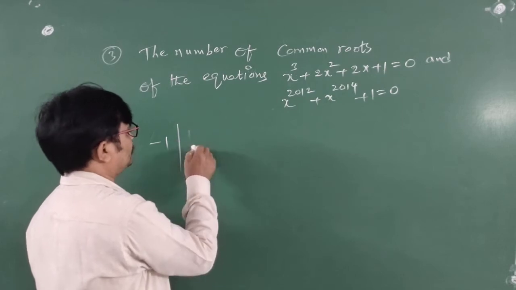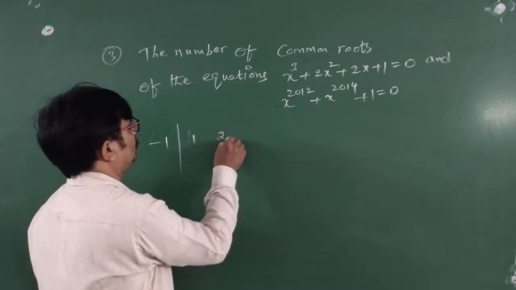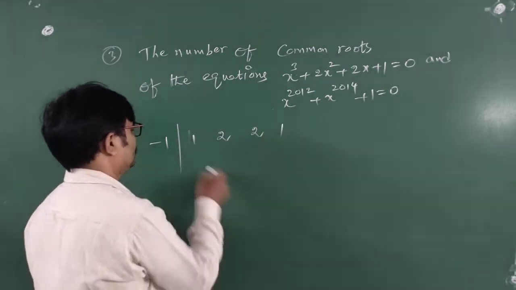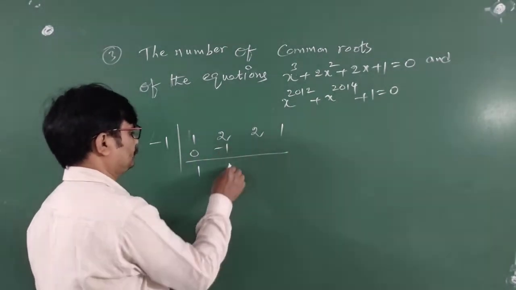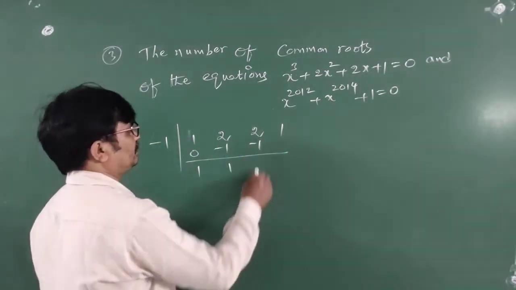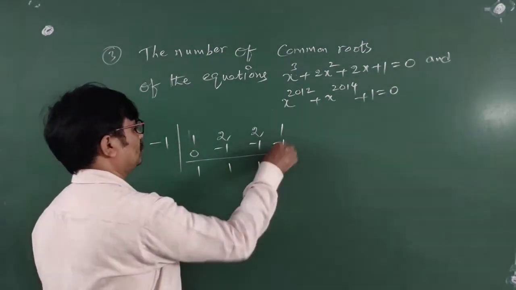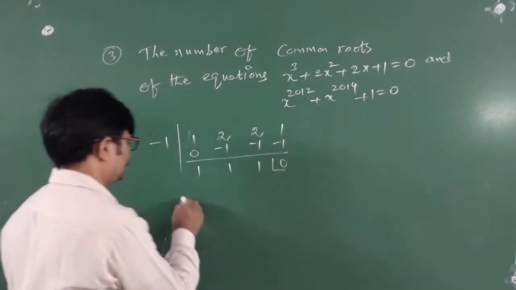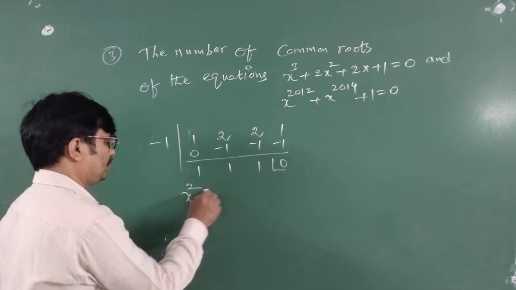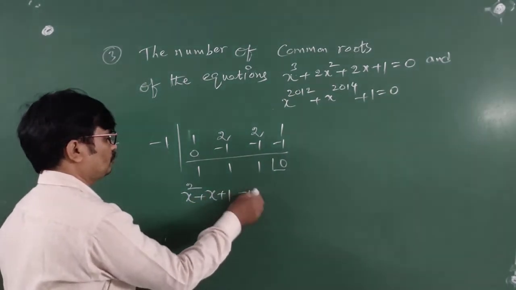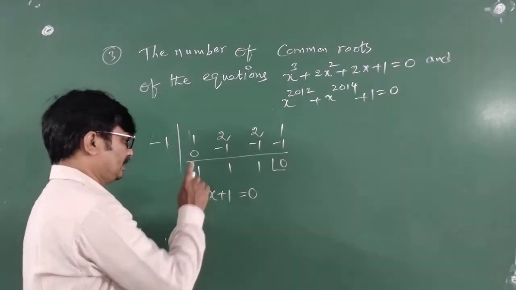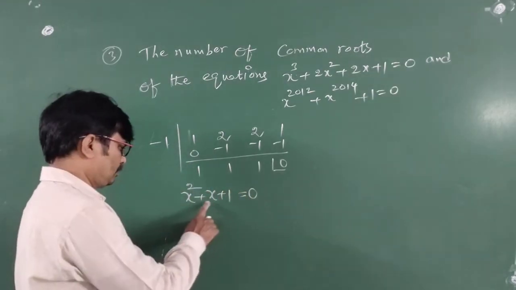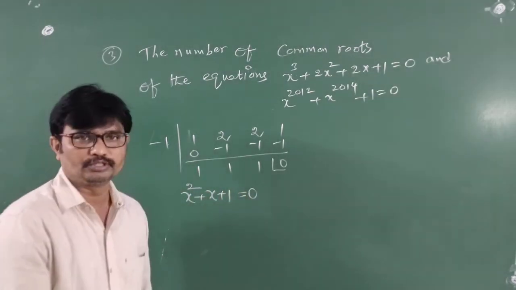By Horner division, 1, 2, 2, 1 with x equal to -1: this is 0, 1. 1 into -1 is -1. So then it will be x square plus x plus 1, these being the constant term, x term and x square term. So x square plus x plus 1 equal to 0.